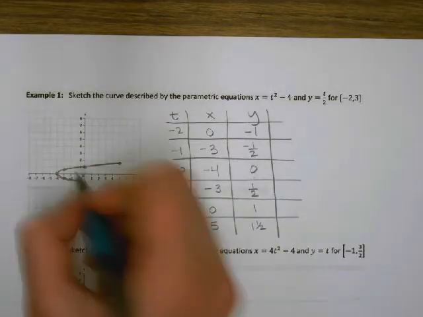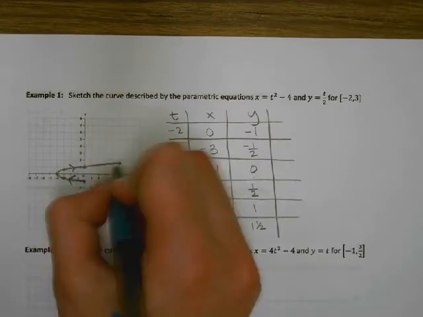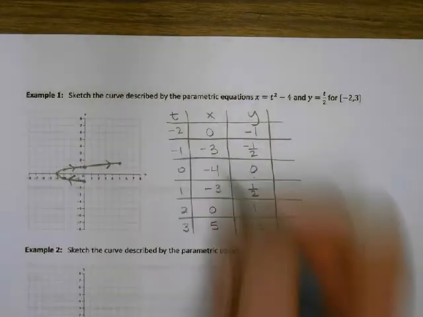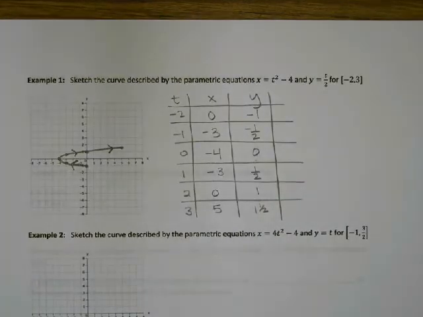And when I plotted the points, they went this way. So I'm going to go ahead and draw an arrow, draw a couple in there.